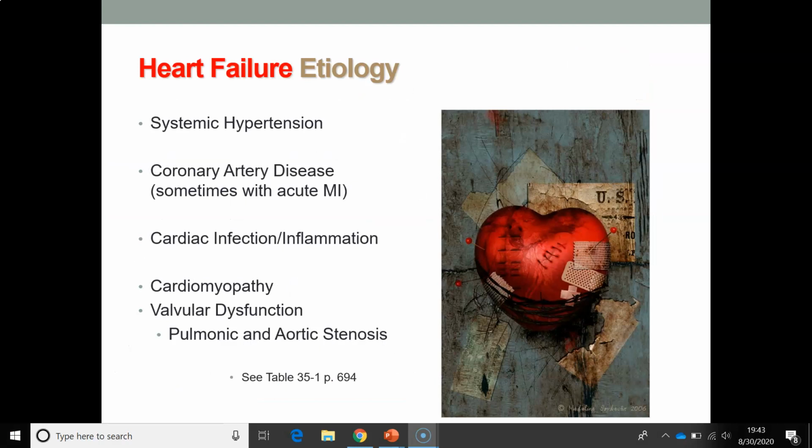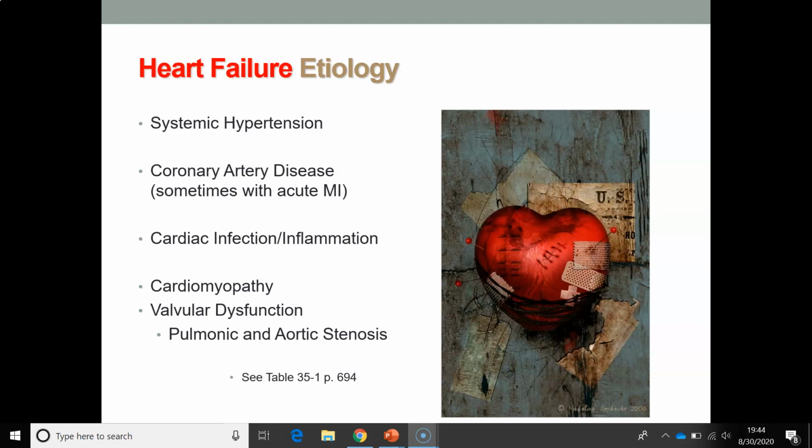So heart failure etiology, or cause, they are all listed very nicely for you on page 694 in Table 35.1. But some of them are systemic hypertension and coronary artery disease. With that, sometimes people will have episodes of acute heart failure during an acute MI.